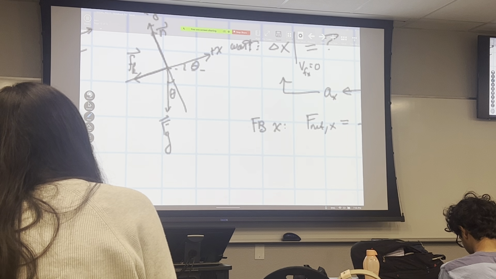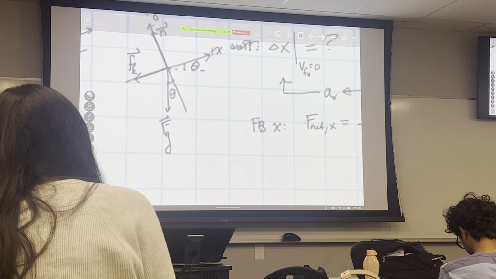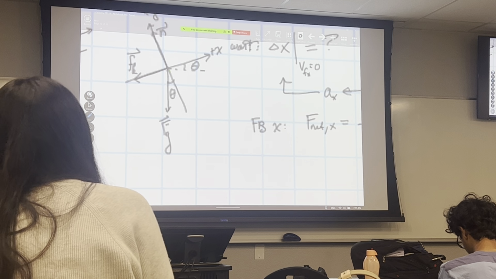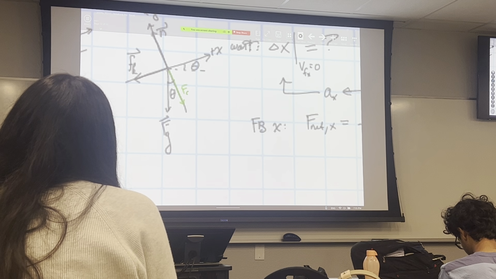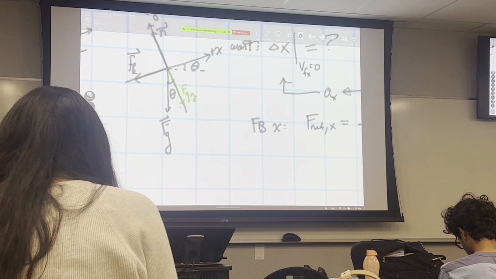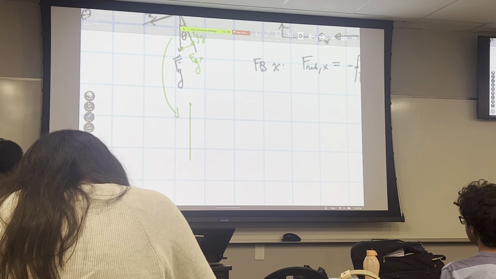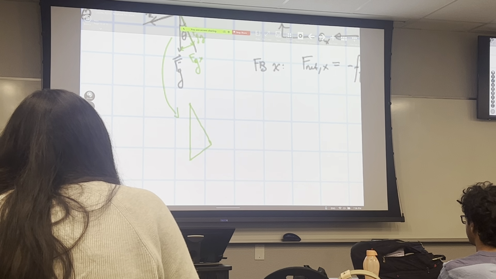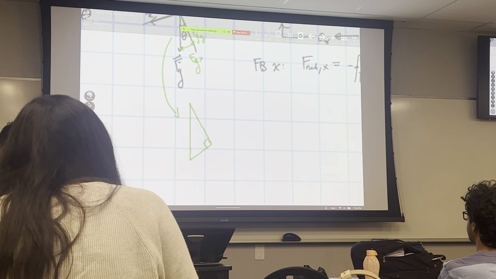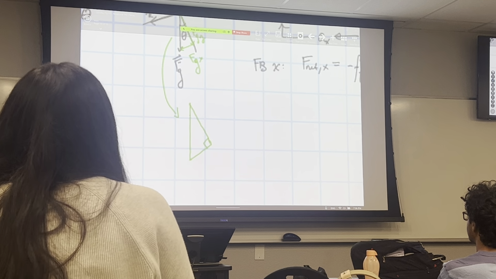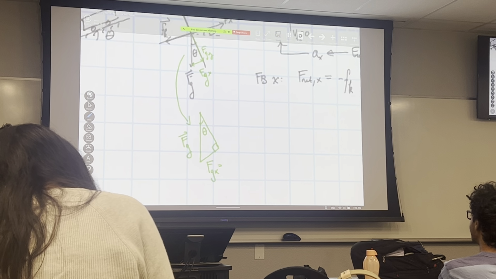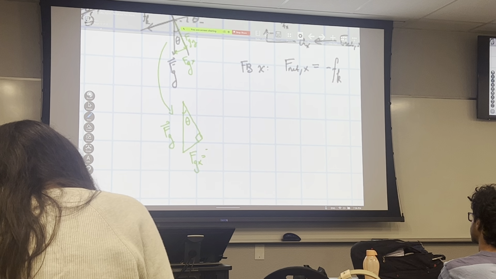We have the force of gravity having an x component. This is the force of gravity in the y. That is going to be force of gravity in x. So let's draw that slightly more clearly. We have our right angle there. This is going to be our angle theta. Force of gravity, this is Fgx, is going to be Fg sine of theta.